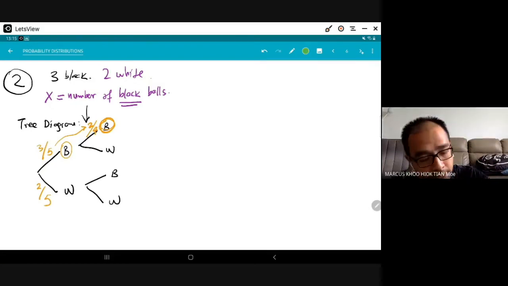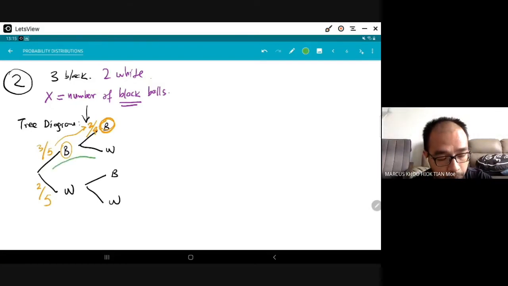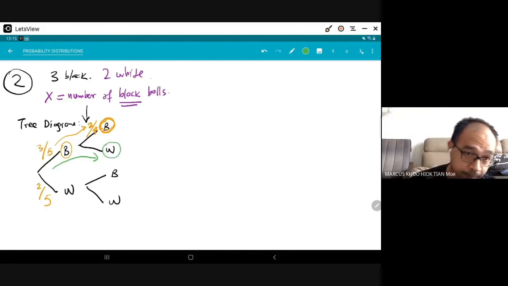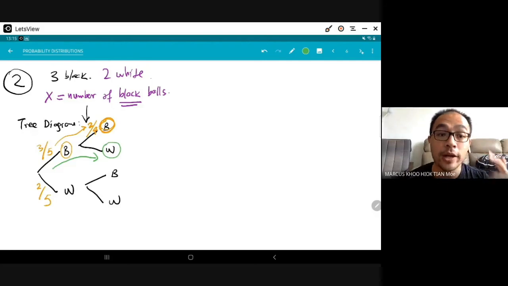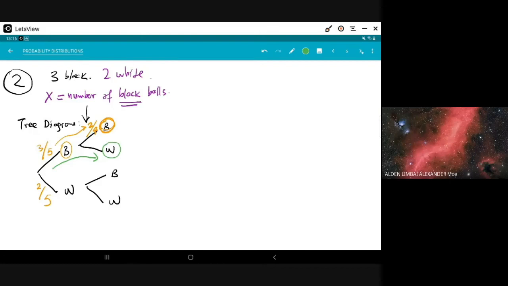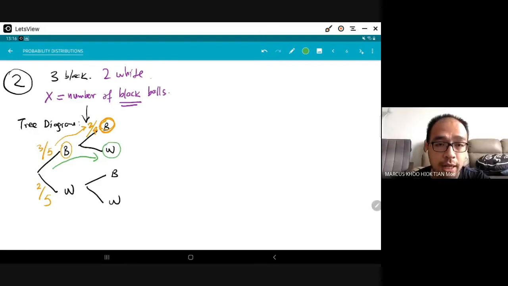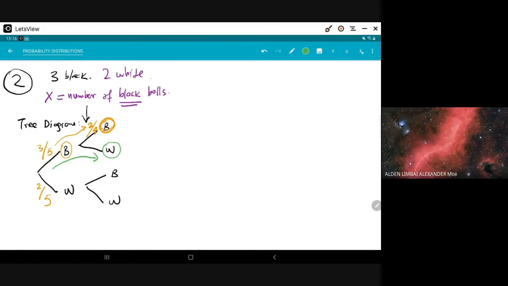Okay, very good. Then let's consider the next path. Changing color, the next path is black and then white. So the first one, black, done, 3/5. Okay, what is the probability of getting a white ball now, Eldon, on the second time? The white ball, sir. Yeah, the white ball, this green color that you're seeing now. 2/5. 2/5?